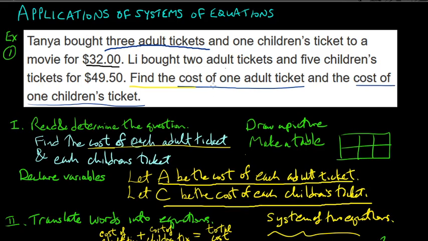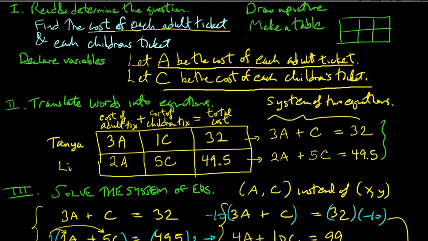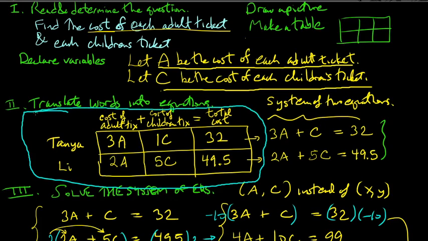And that's usually the hardest part. I made it look easy, I know, but the idea is to make a table, if you find it helpful, and based on the table, each of these rows just corresponds to an equation. In this case, it's this plus this equals this, right?